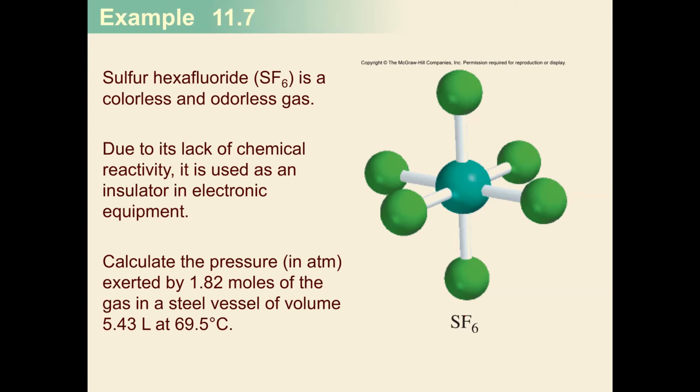So now what can I do for this? Well, we're going to use PV equals nRT. So first, I need to start with my ideal gas equation, but now I am going to solve for my pressure. So pressure equals my moles times my gas constant and temperature over my volume.